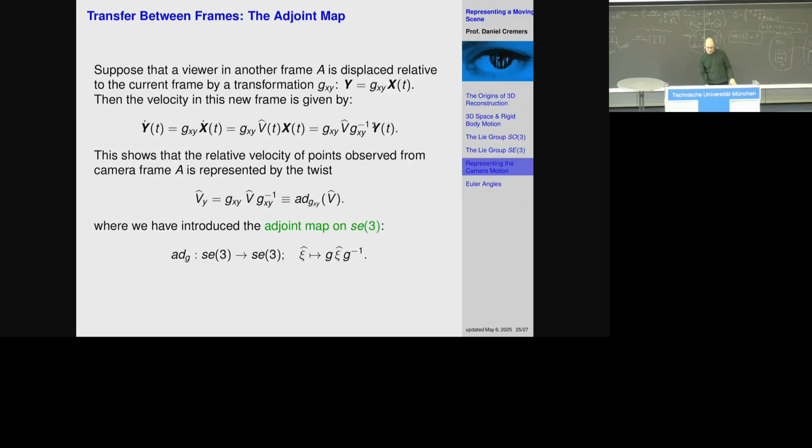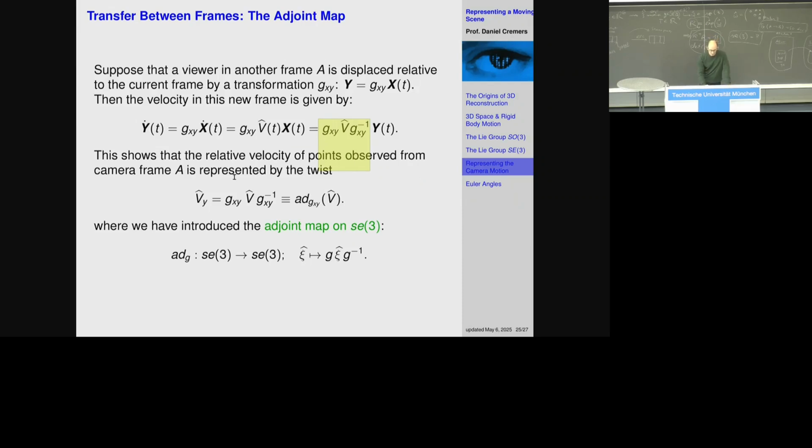And if we express that x back in the coordinates of y, then it's g_xy inverse times y. So what you see is, if x dot is given by v hat times x, then y dot is given by g v hat g inverse times y.